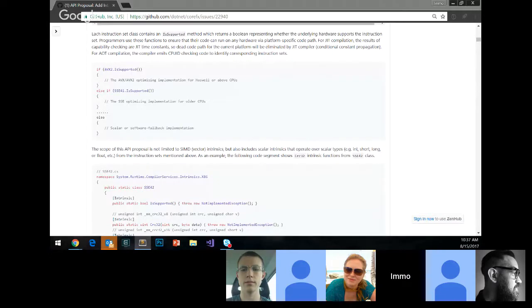This was discussed in the comments, that we can put the CPU ID check at init of your program, and then that sets supported at JIT time, and then here's the implementation that is supported.